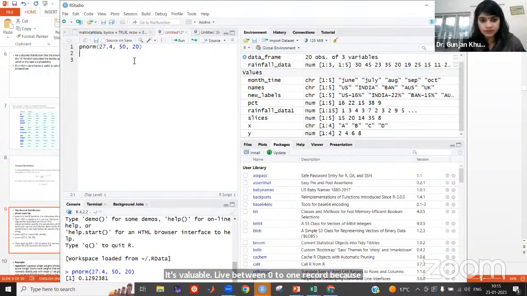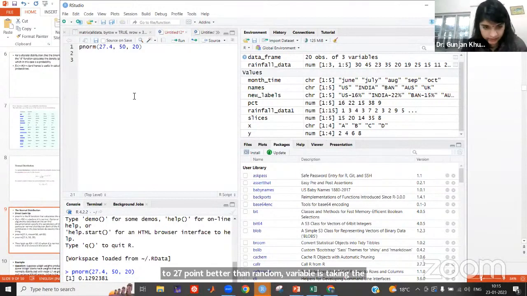Probability that a random variable is taking a value less than or equal to 27.4, where X is a random normal variate with mean 50 and standard deviation 20. And you can write mean equal to, sd equal to also.